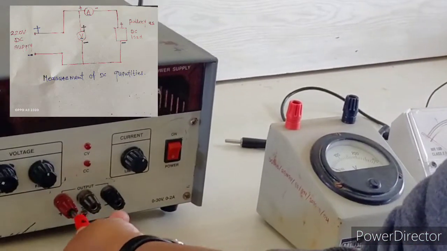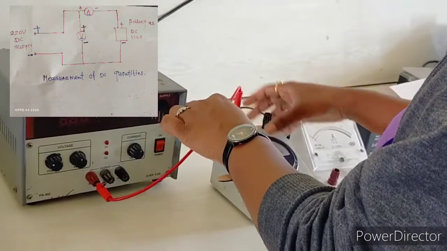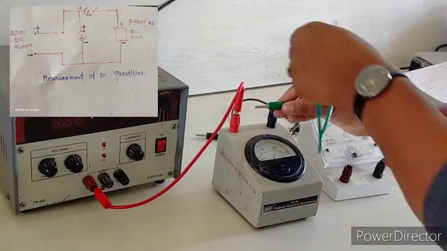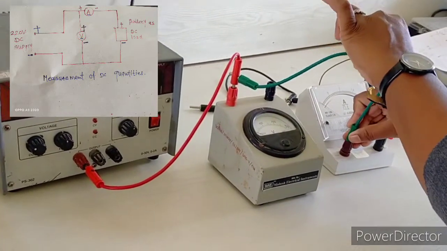I am connecting the positive terminal of the DC supply to the voltmeter's positive. From this voltmeter positive terminal I am connecting the ammeter positive.